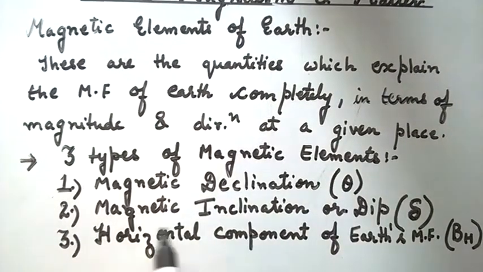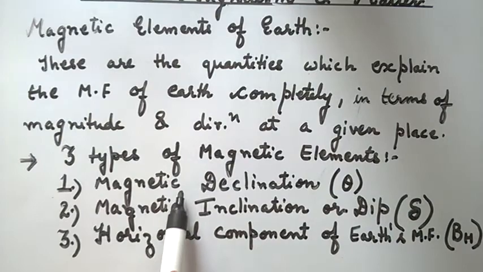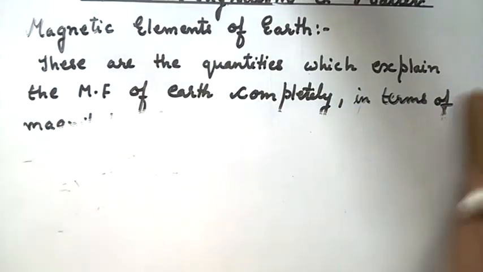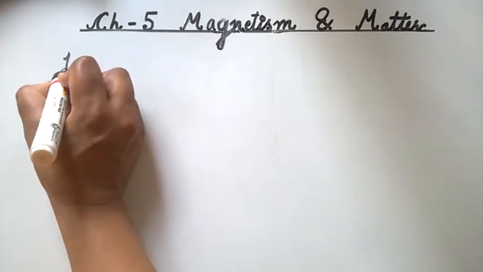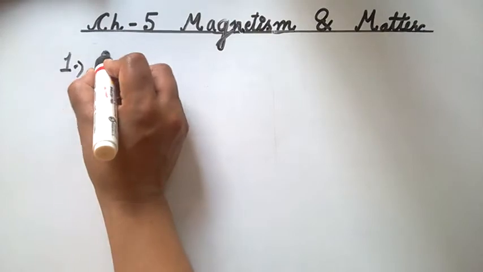Now let's study one by one in detail. Let's start with magnetic declination. First is magnetic declination.